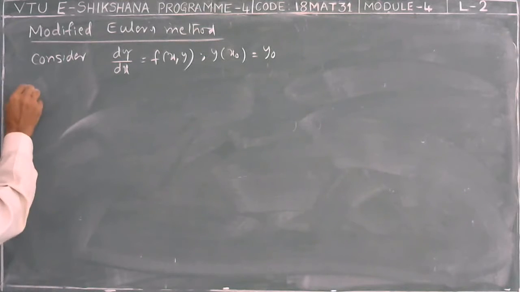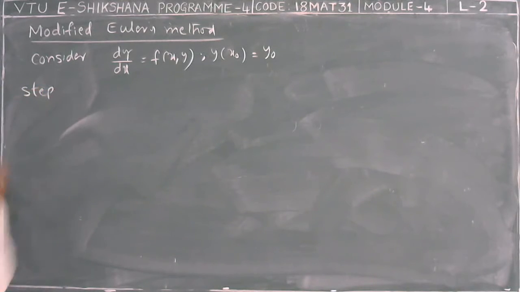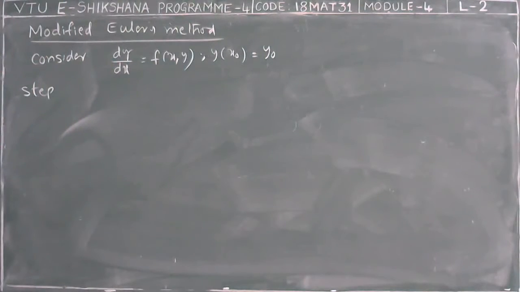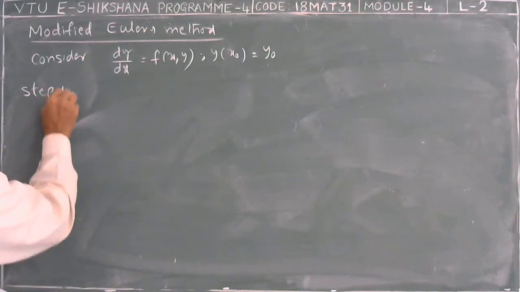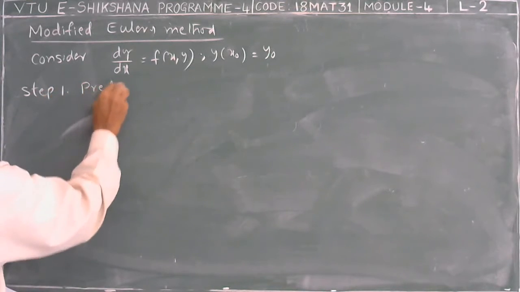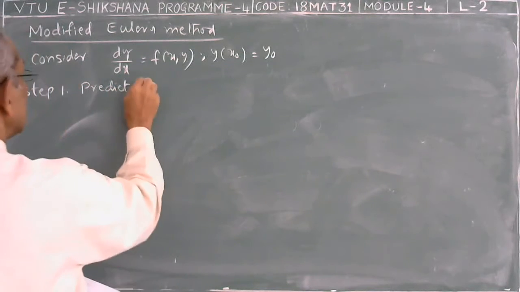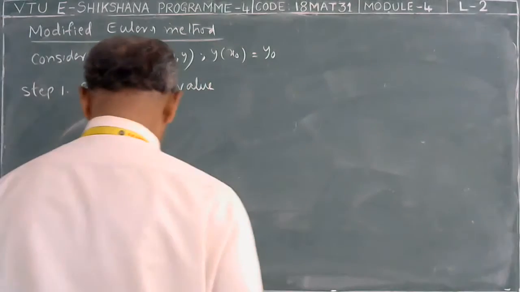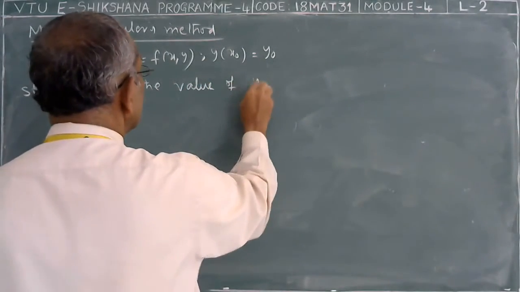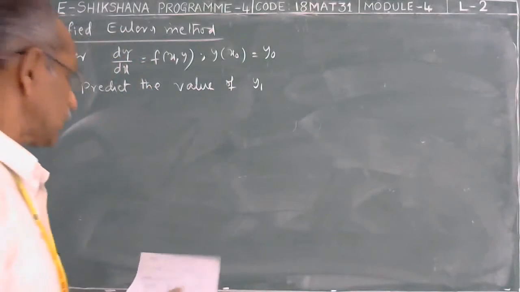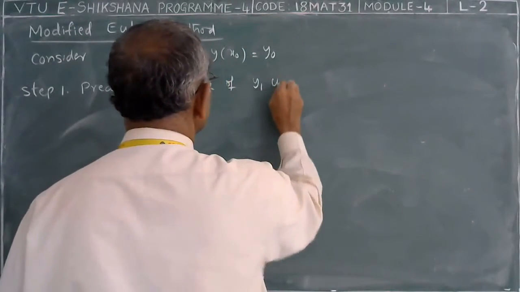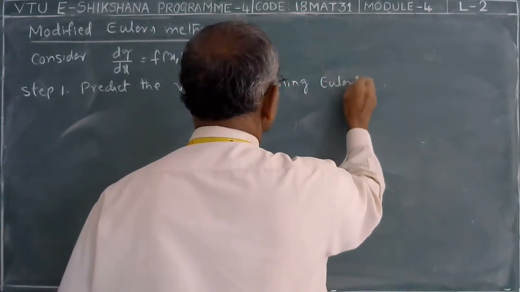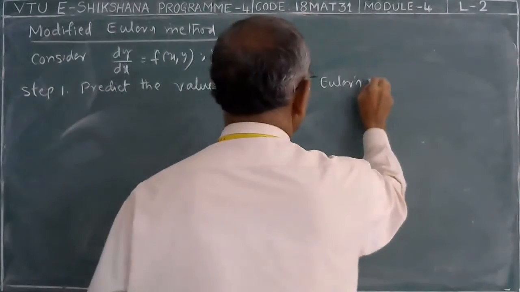Now, here we predict the value of y at a given specific value of x by the Euler's method first. So that is step one. Step one, predict the value of y1, that is y at x is equal to x1, using Euler's method, the method which I just now explained.